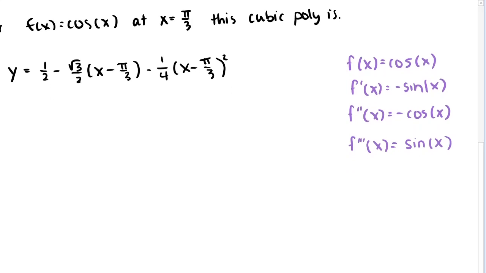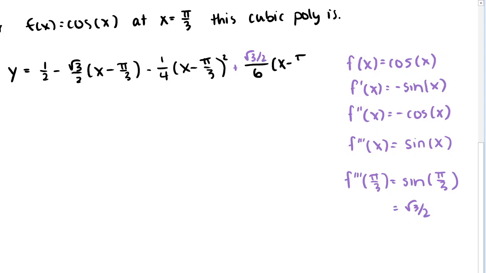And so if we're going to take this third derivative and evaluate it at pi over 3, well, we just get sine of pi over 3, which we said earlier was the square root of 3 over 2. So here we're going to get plus the square root of 3 over 2 divided by 3 times 2, divided by 6, times x minus pi over 3 cubed.